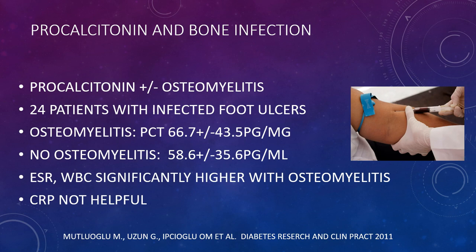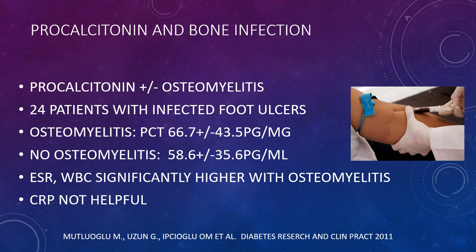There have been some early papers looking at the use of procalcitonin for the diagnosis of osteomyelitis. And this particular study looked at 24 patients with infected foot ulcers and also looked at sedimentation rates and the presence of leukocytosis.